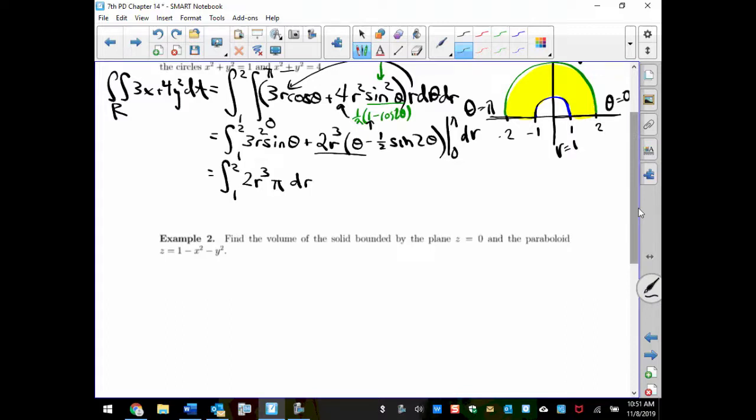That looks good to me. Let's do the antiderivative: add 1 to the power, divide by the new power. Plug in 2, we get 2 to the 4th, which is 16, divided by 4 is 4, so we get 8 pi minus, plugging in 1, pi over 2. That's 15 pi over 2.